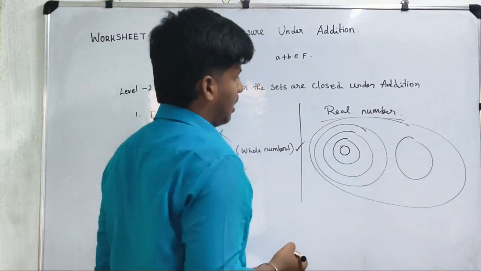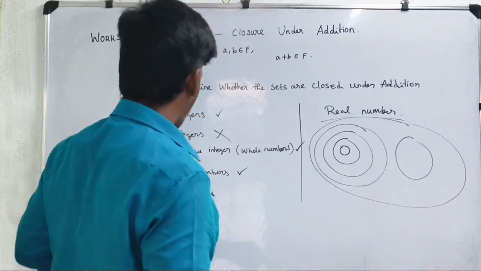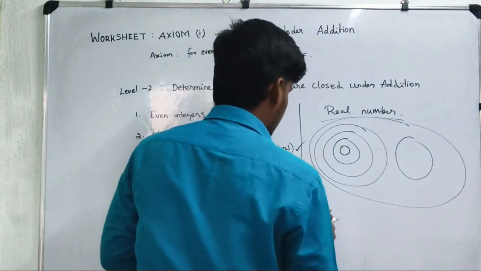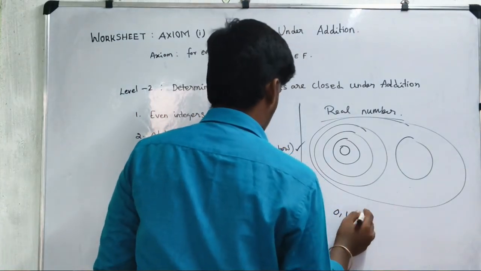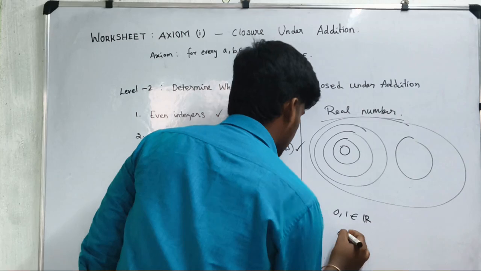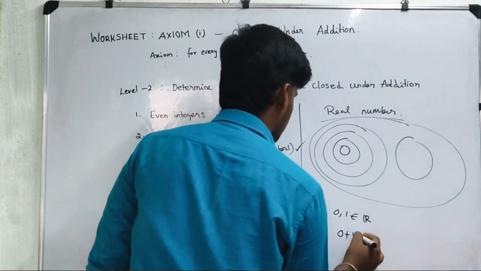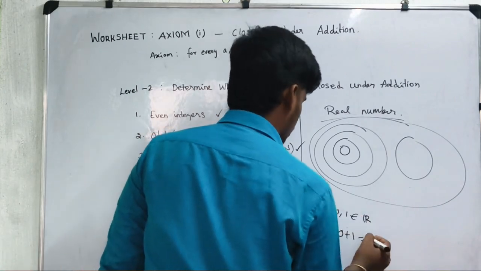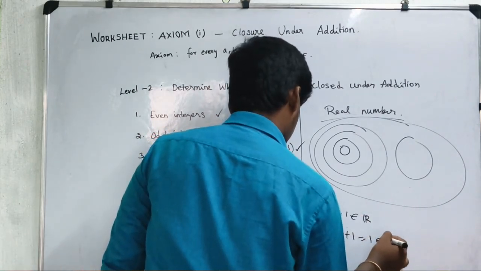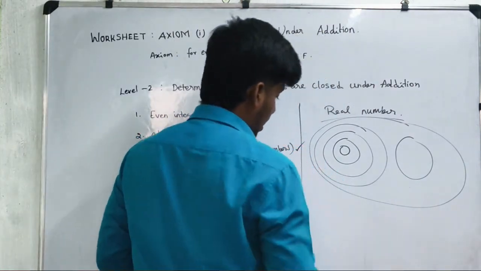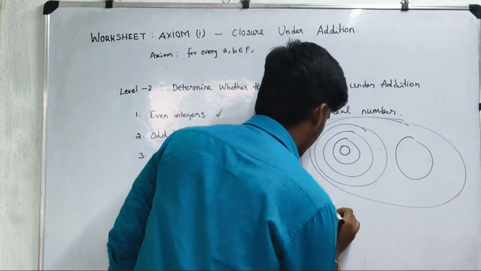If I take an integer 0 and 1, which belong to the real numbers, and add 1 plus 0, I get 1, which also belongs to the real numbers. Or else I can take an irrational number.